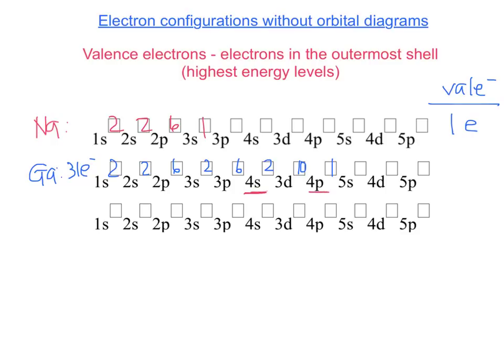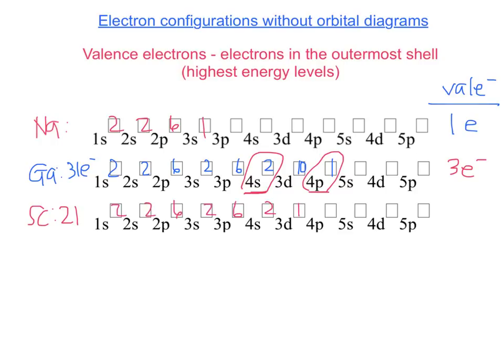If we look only at the electrons in the highest energy level, there are 2 in the s and 1 in the p. This tells me how many valence electrons I have, which is 2 plus 1 equals 3 electrons.